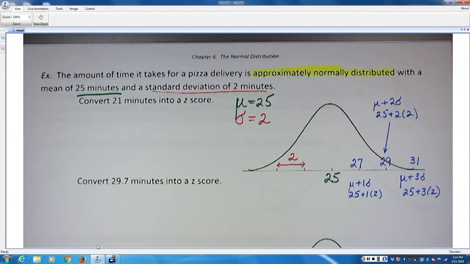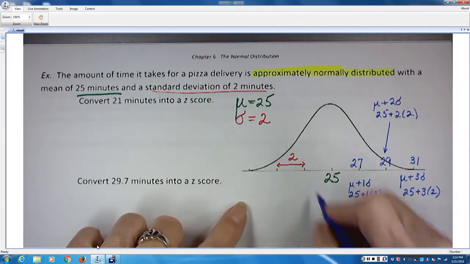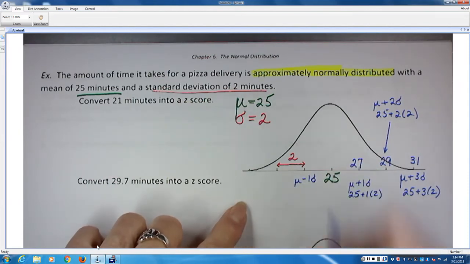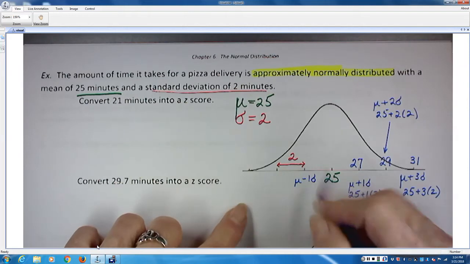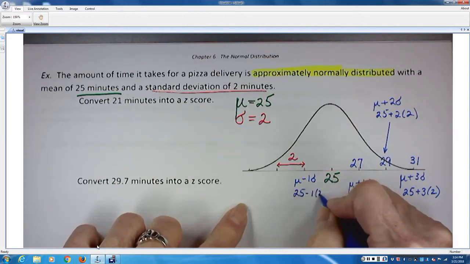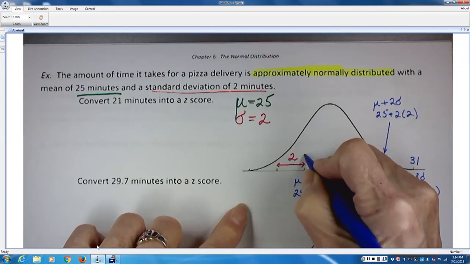And then on the other side of the curve, the same thing happens. This first mark is going to be the mean minus 1 standard deviation, and 25 minus 1 times 2 is 23.